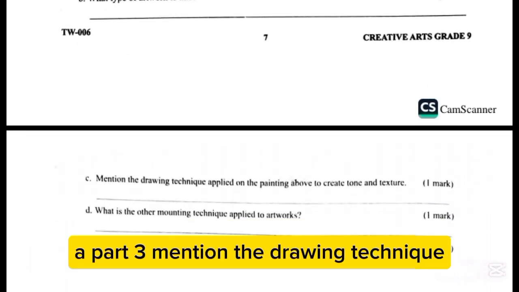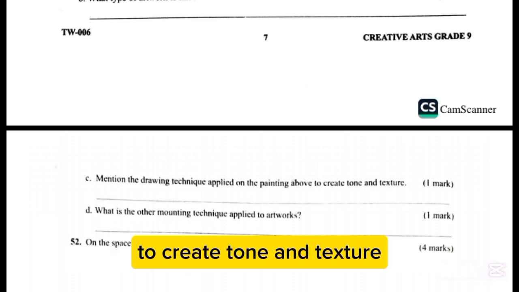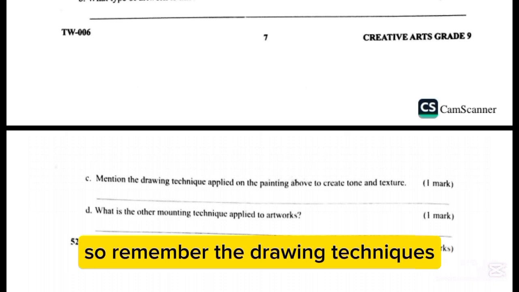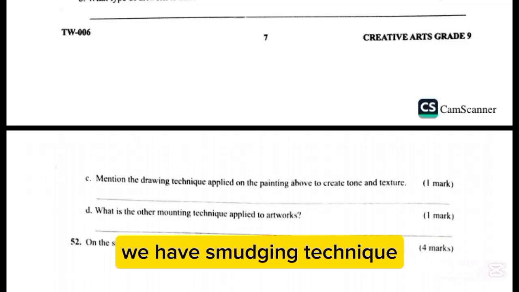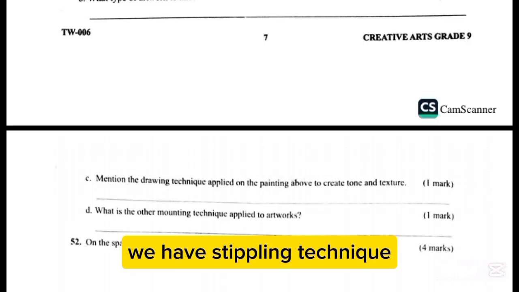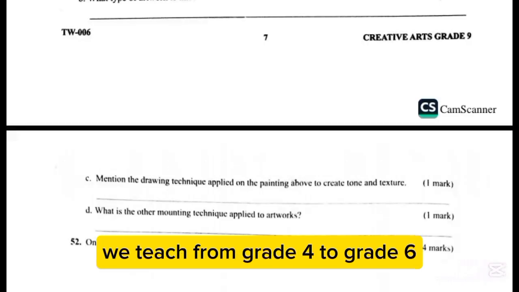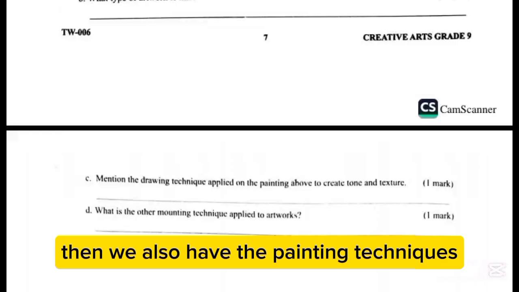Part C, mention the drawing technique applied on the painting above to create tone and texture. Remember the drawing techniques, we have smudging technique, cross-hatching technique, and stippling technique. Those are the techniques that we teach from grade 4 to grade 6. Then we also have the painting techniques.